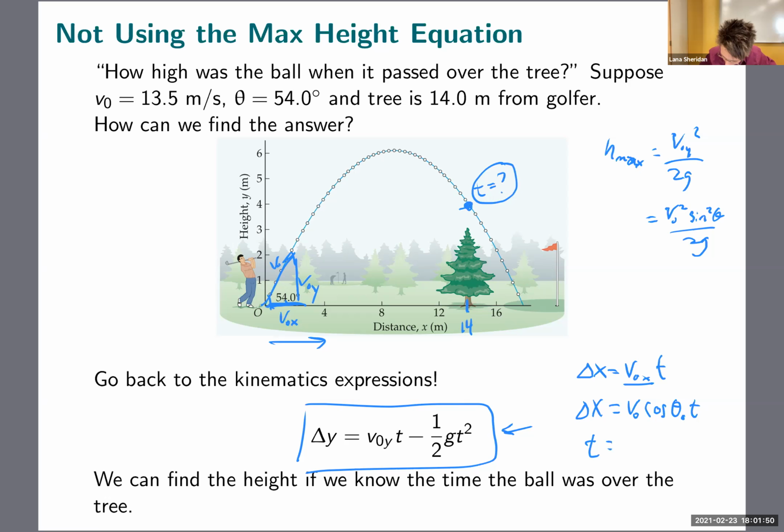And then I can rearrange this: the distance traveled divided by V0 cosine theta will be the time. I know that the distance traveled here is 14 meters. And I'm told V0 and I'm told the angle. So I'll be able to work the whole thing out. I can find the time, and from the time, I'll plug that into here. Then I'll be able to find the height.